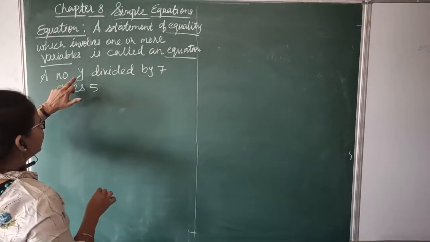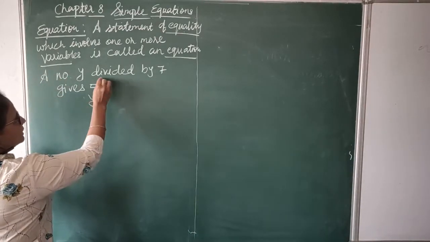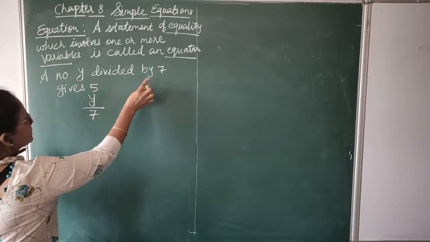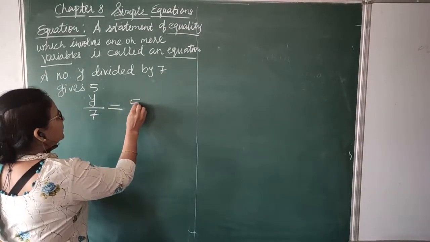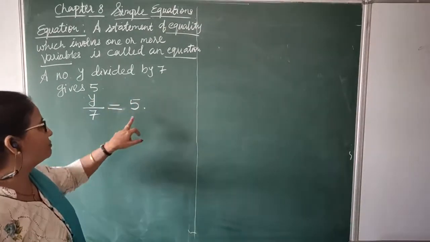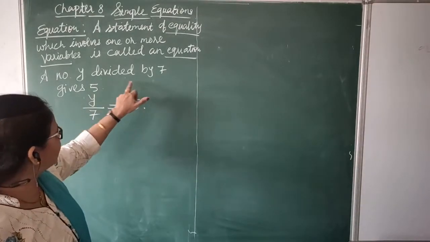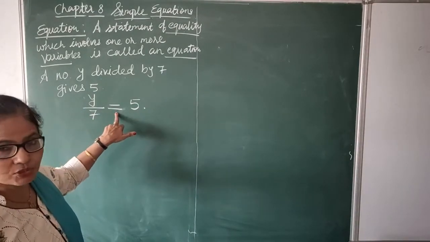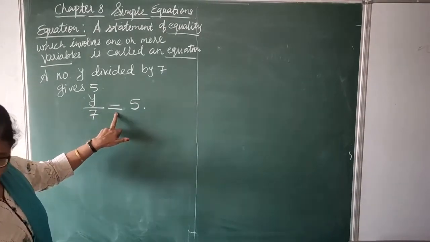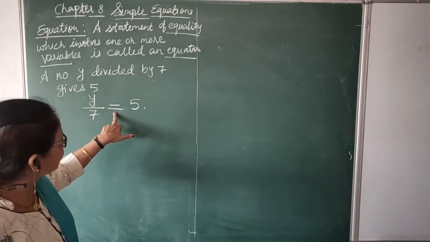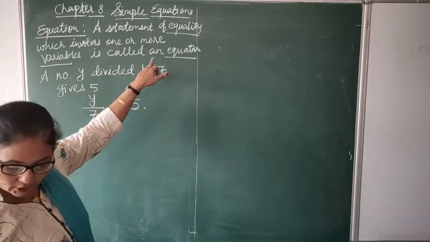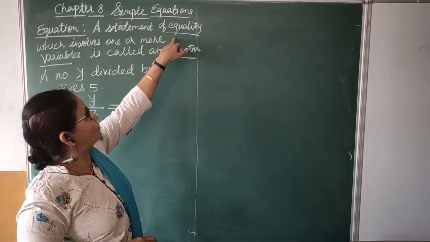A number y. There is a number which is y is divided by what? 7. Gives means equal to sign, and here what does it give? It gives 5. Now you can see in this statement there is equal to sign. So remember, a statement involving symbol equal is called as statement of equality.